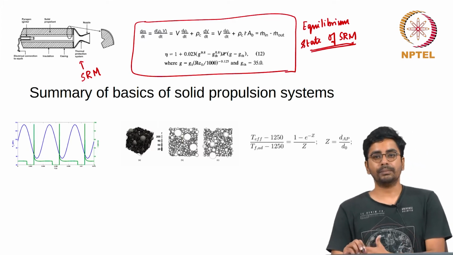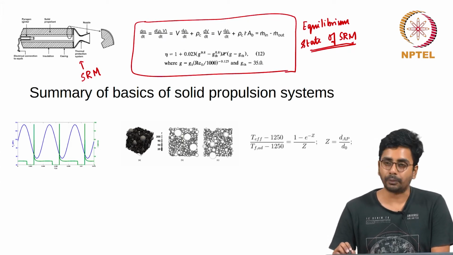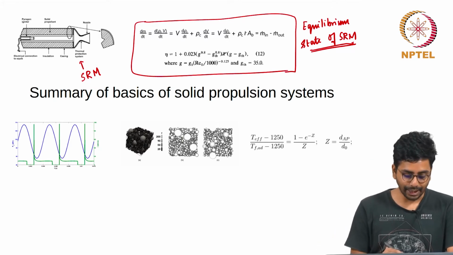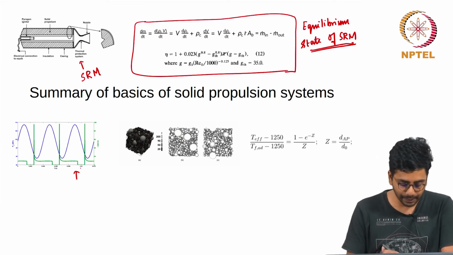Whether that equilibrium is a stable equilibrium or an unstable equilibrium is a much more difficult problem to solve, which is also something that we discussed in some detail, and one particular aspect of an unstable equilibrium is the DC shift.